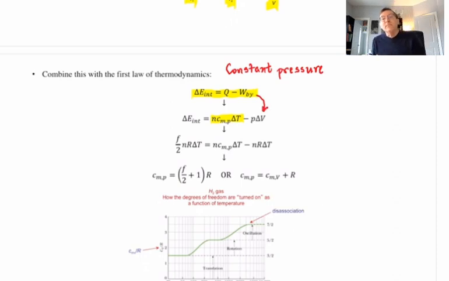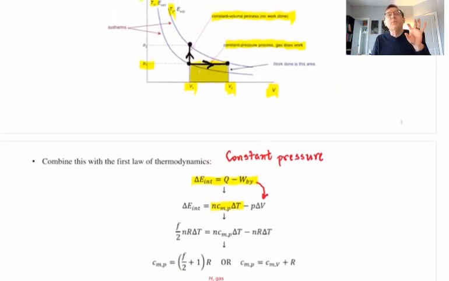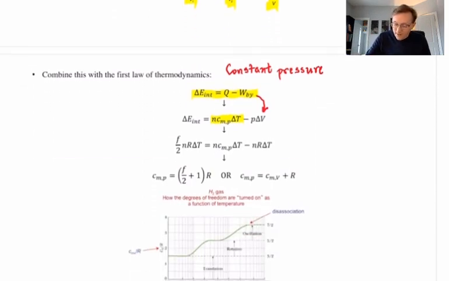W by is positive, since the gas expanded, and it was the area of that rectangle, which is just the height, which I'm going to call P for pressure, and the width, which I'm going to call delta V, the change in volume. I don't want to call it P1, I just want to call it P. That's that shaded area there, so the work is just the area of that rectangle, P delta V.